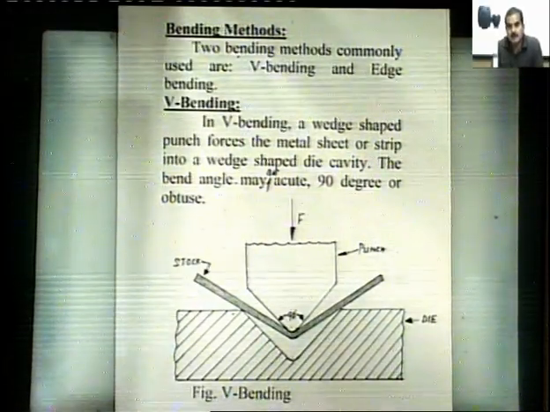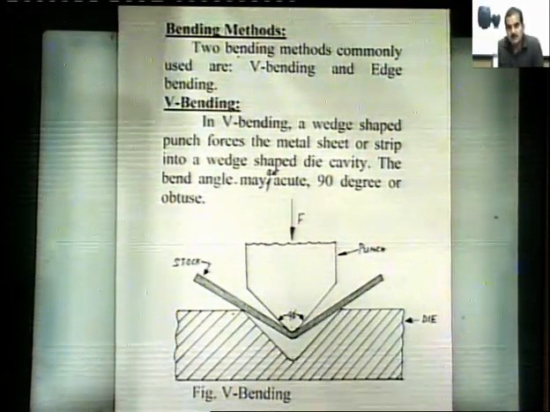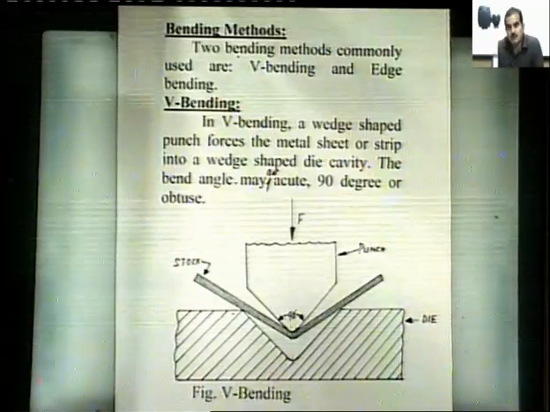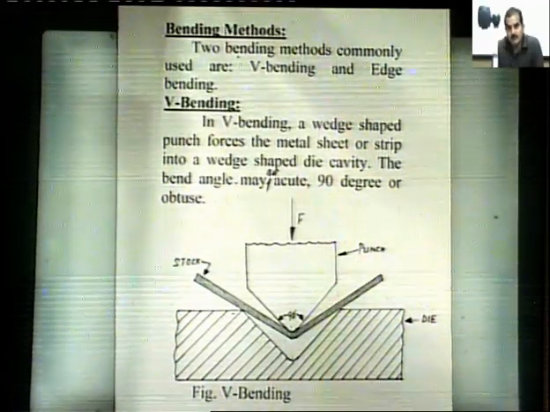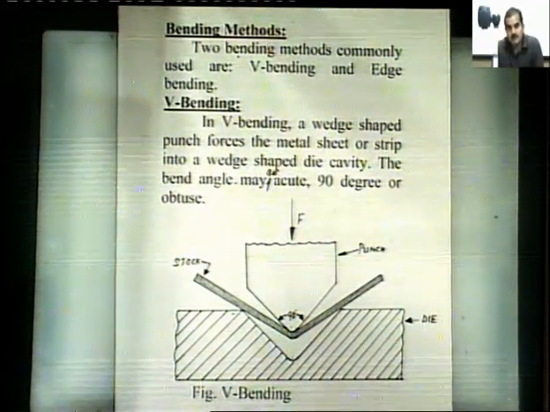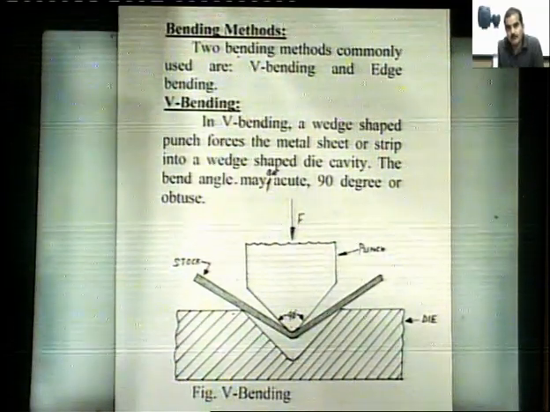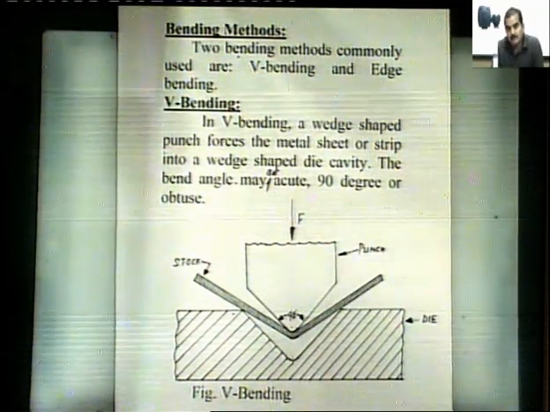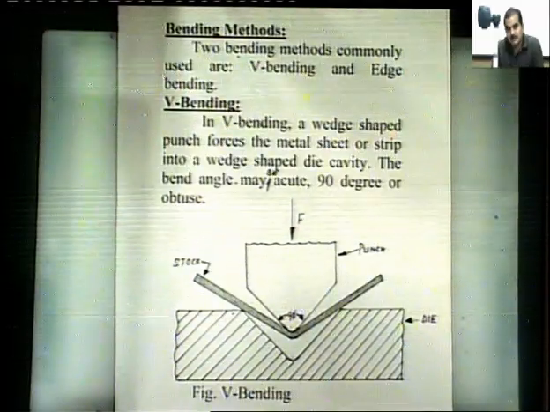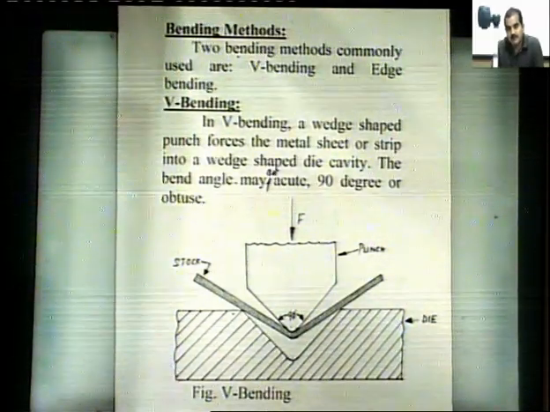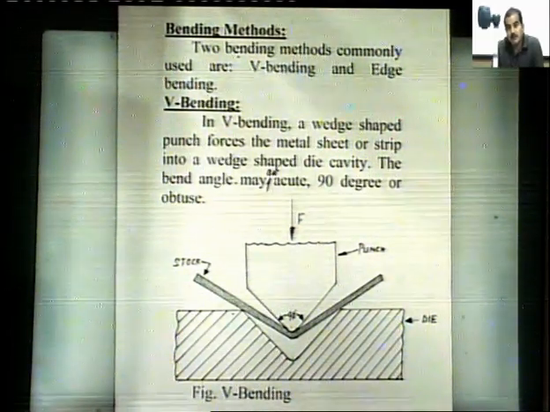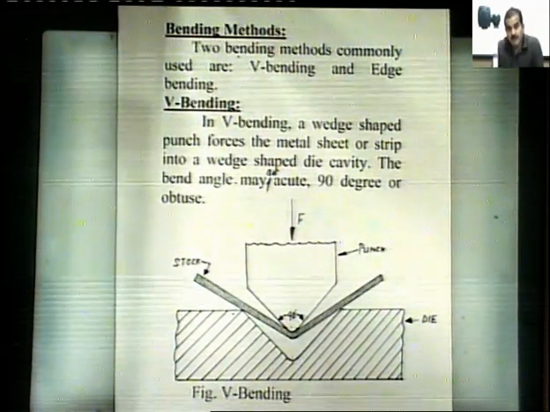Then come bending methods. Two bending methods commonly used are V bending and edge bending. In V bending, a wedge shaped punch forces the metal sheet or strip into a wedge shaped die cavity.